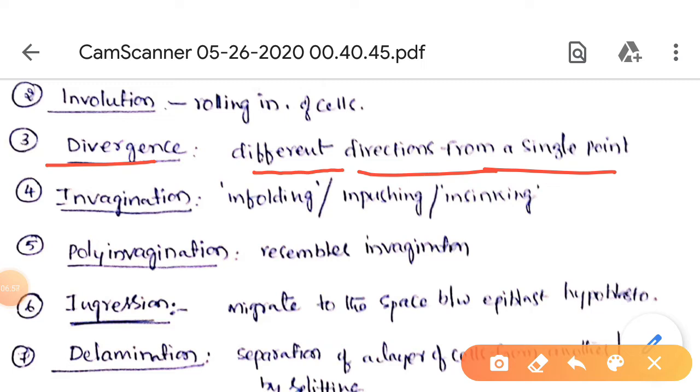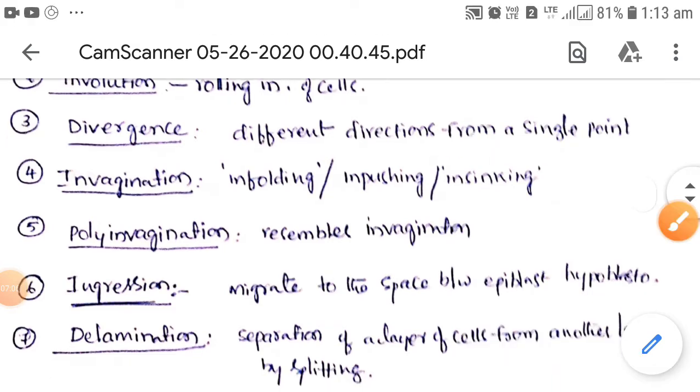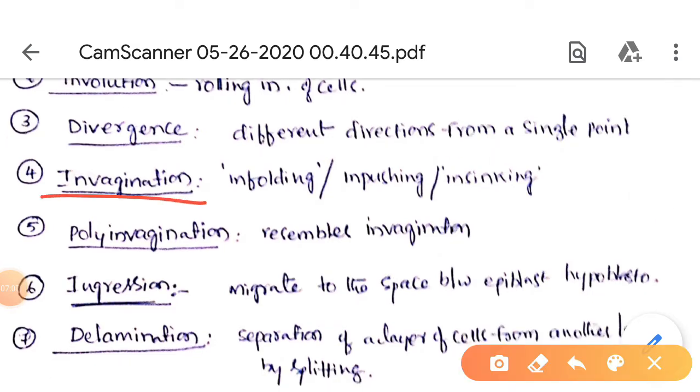Another one is invagination. Invagination is also called infolding, or pushing or sinking of a layer of cells into the blastocoel.